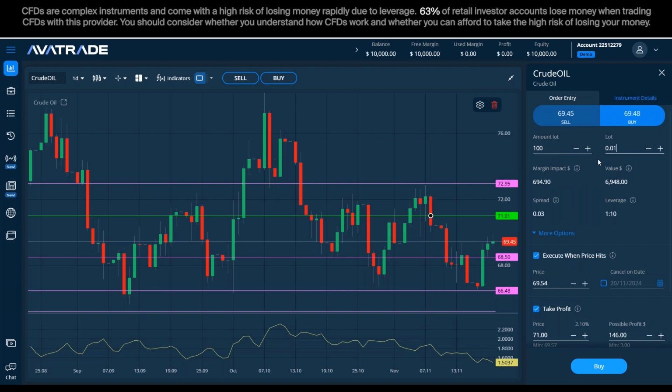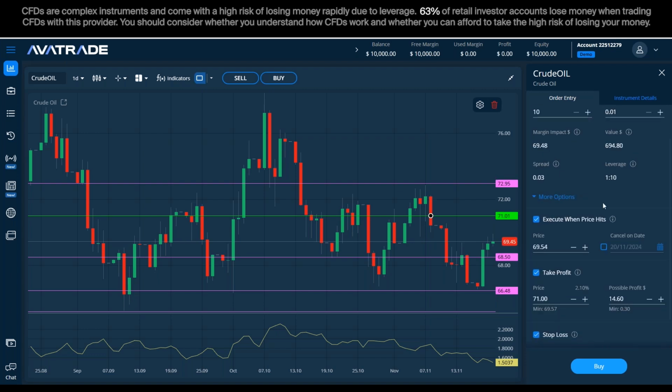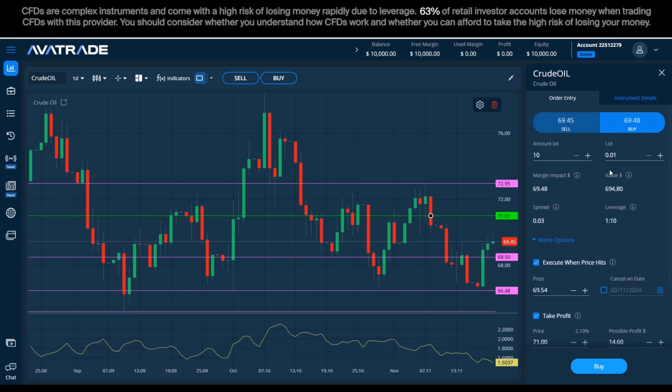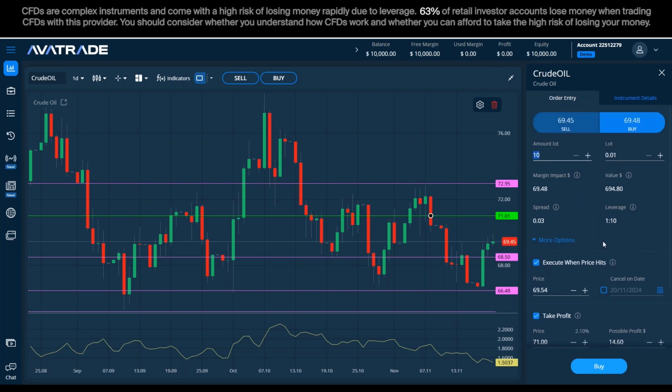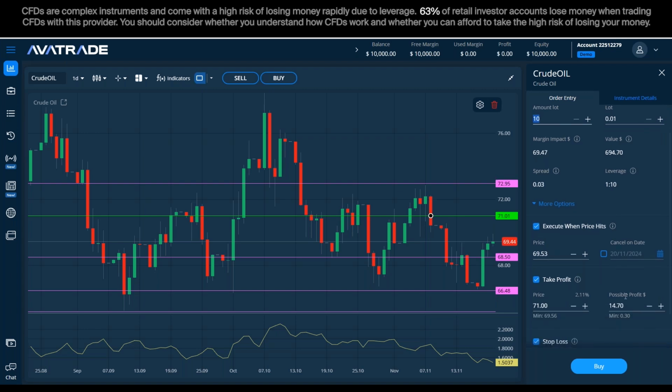Now, if I only had 0.01, I would have 10 barrels. We'll understand in a moment why. Okay, then $1.50 will make me almost $15. How is that? How does that make sense?